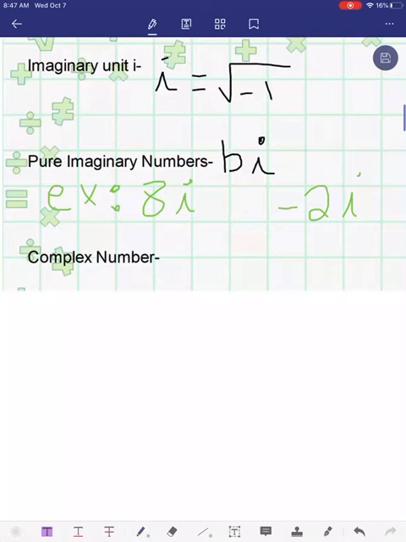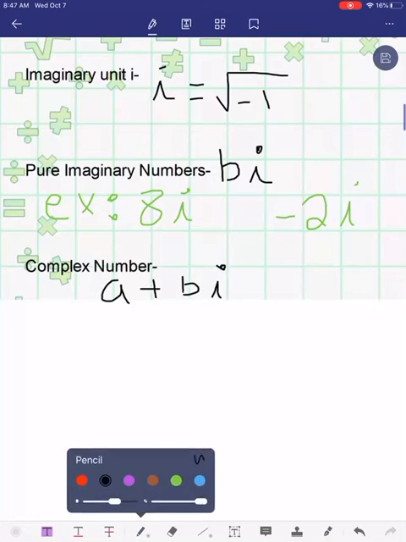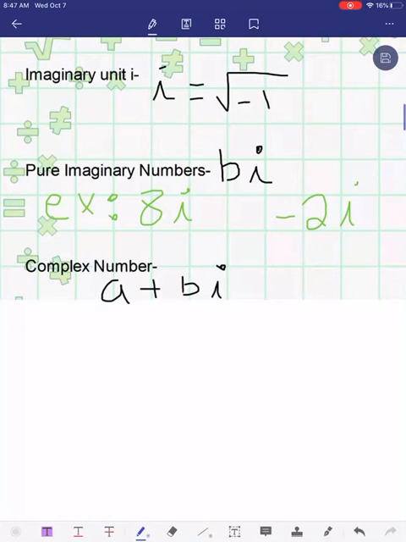We also have what's called complex numbers, and those consist of two parts. They have a real part and then an imaginary part. So our real part is going to be our a value, and our bi is going to be the imaginary part.